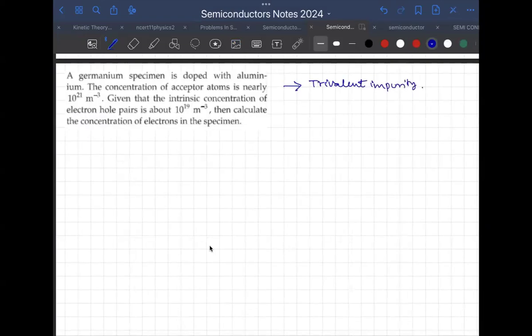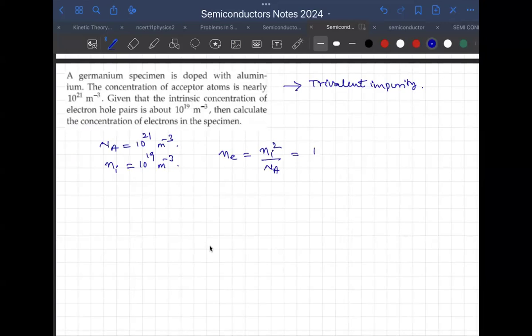The concentration of acceptor atoms is N_acceptor, 10 power 21 per meter cube. Intrinsic carrier concentration, n_i, is 10 to the power of 19. n_e is what they're asking. Tell me the formula. n_e, the minority, is n_i squared by N_a.